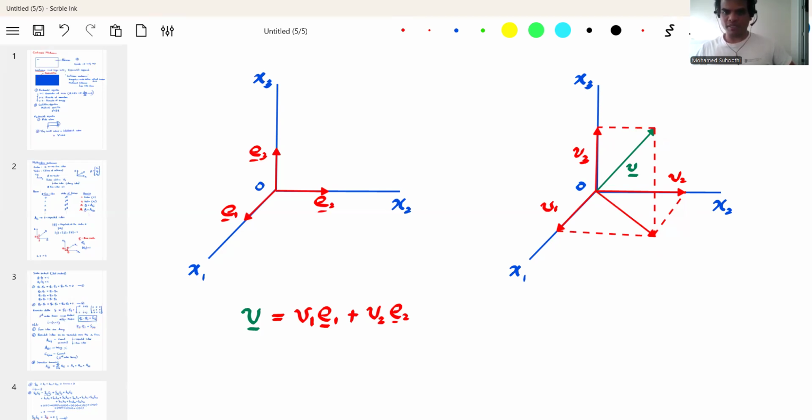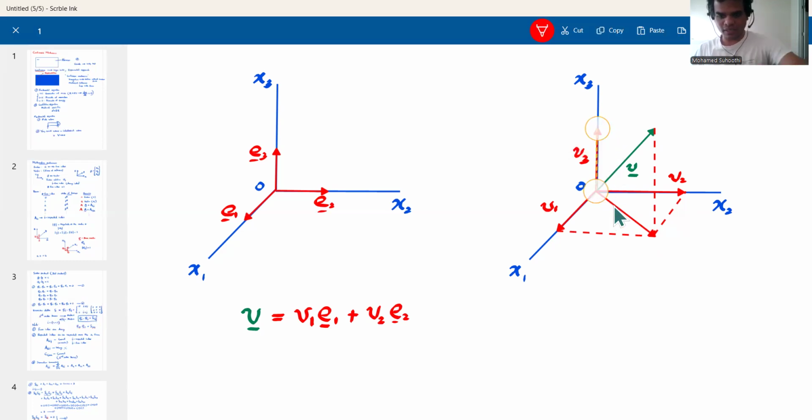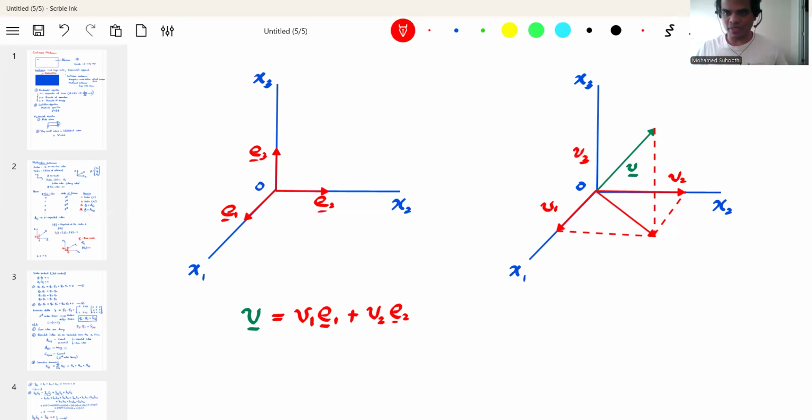I think if I make this one v3 in this way, I will draw v3 this way. So now it will give you a clear picture. Parallel to this. So this is your v3. Now I think you can imagine.